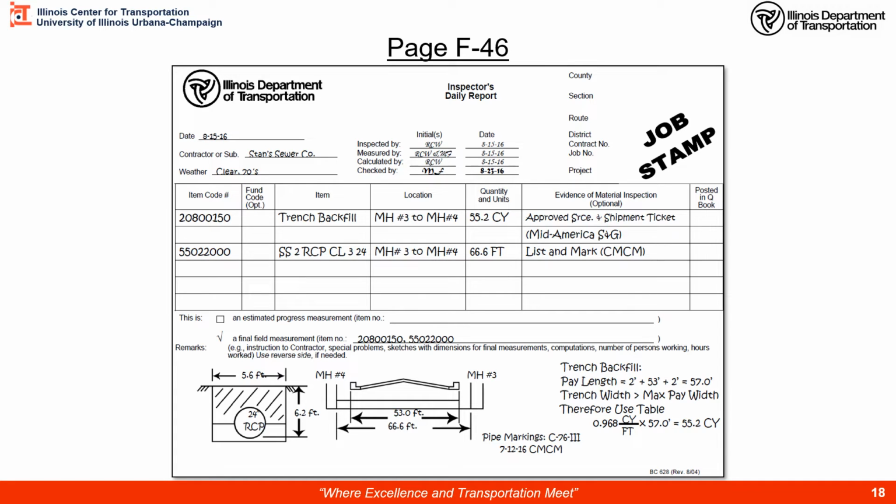So we know we got 18 plus 18, that's 3 feet. 2-foot pipe, so that's 5 feet. And then we had the wall thickness of the pipe 2 times. Well, it turns out for a 24-inch pipe, if you take the 24, divide by 12, and add 1, that will give you the wall thickness.